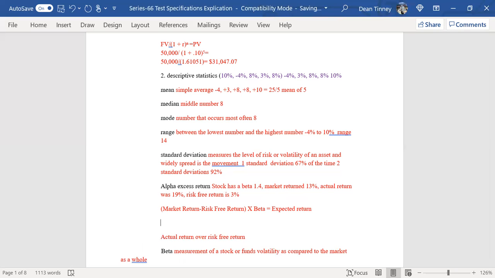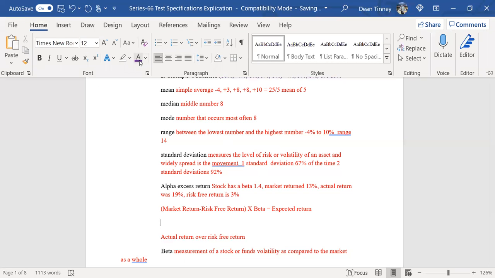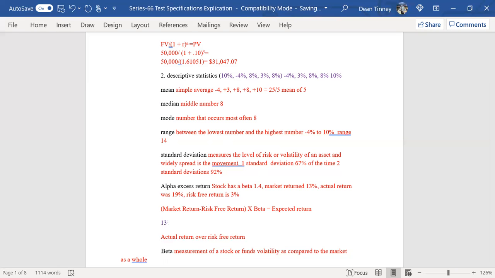All right, so here our market return was 13%. Let me put in parentheses just to match it up.